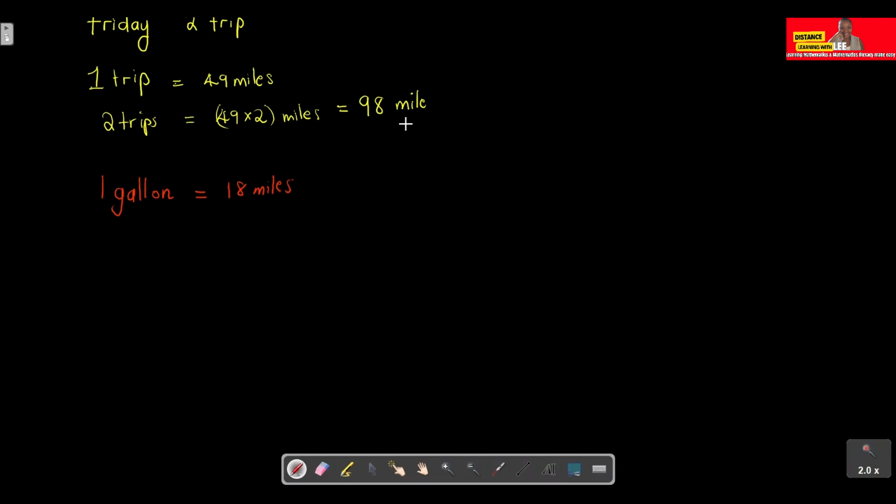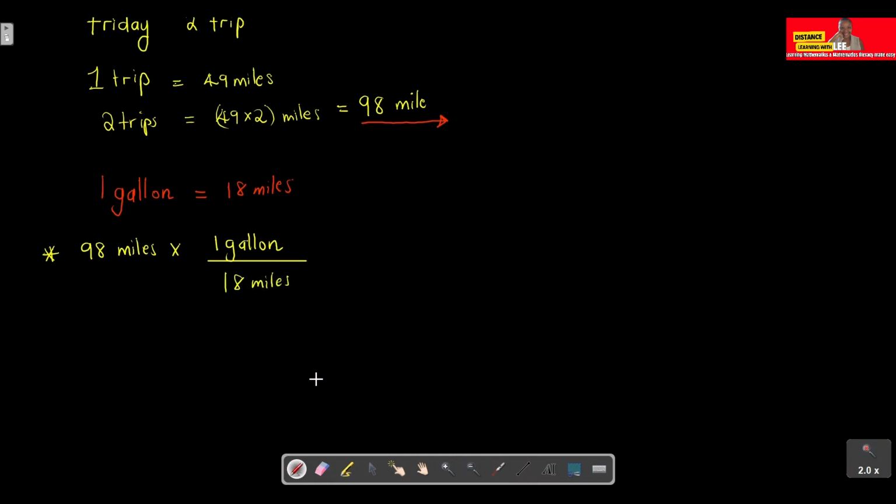Then we convert this 98 miles into gallons to determine how much petrol he used for the 2 trips on Friday. We take that 98 miles and multiply by 1 gallon divided by 18 miles. The miles cancel, so whatever answer we have is going to be in gallons.